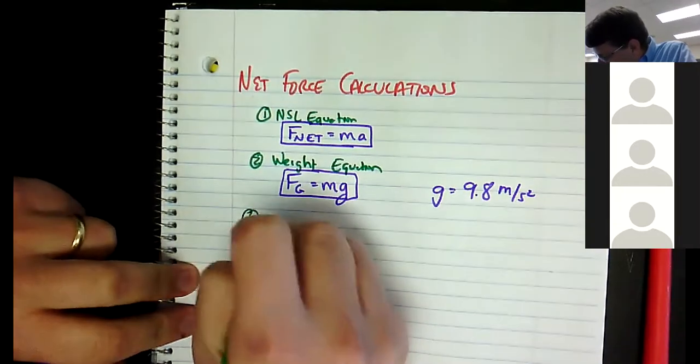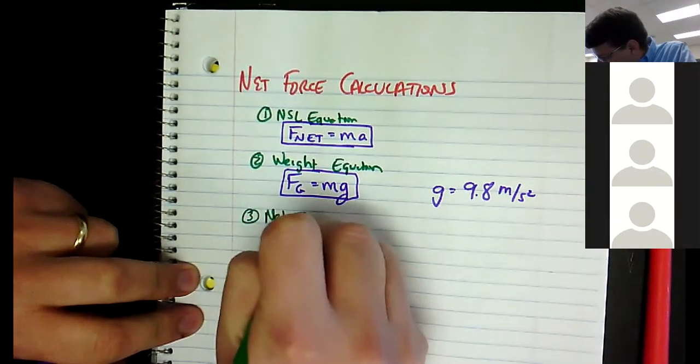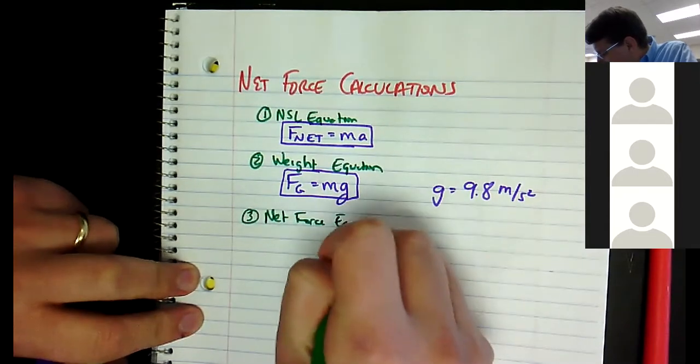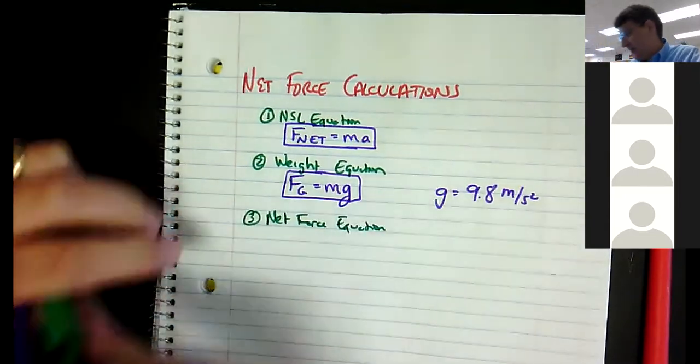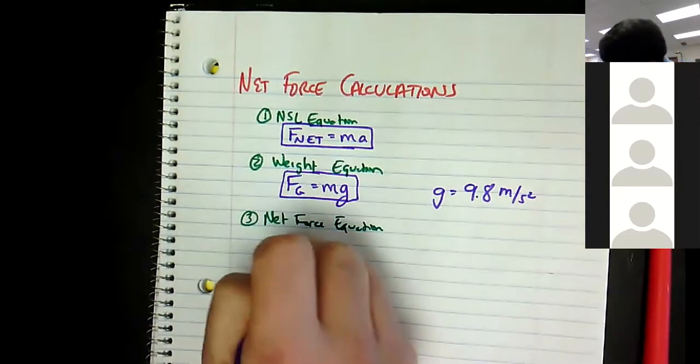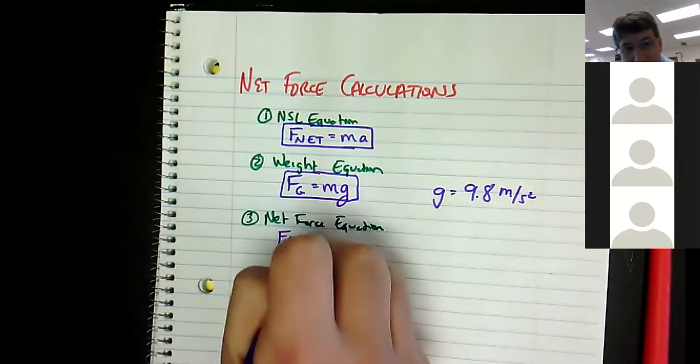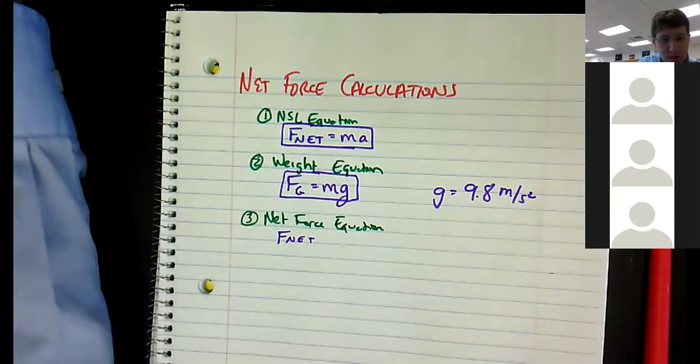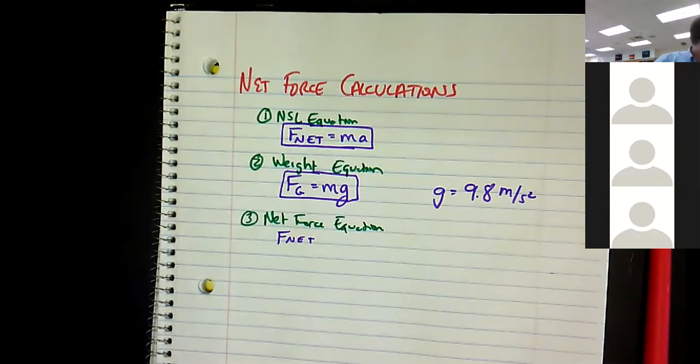The third equation we're going to have is the net force equation. This equation looks a lot more complicated than it is. It's actually a very easy equation, but it's written like this. F net, give me 1 second. I'm going to let Gavin in here.